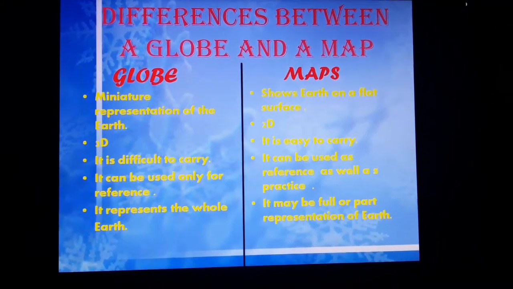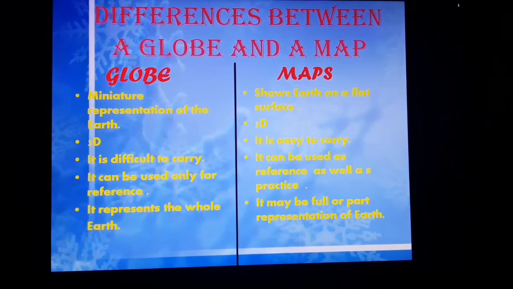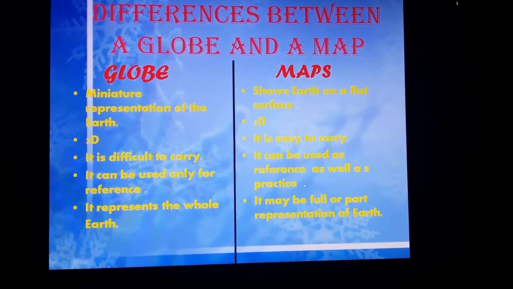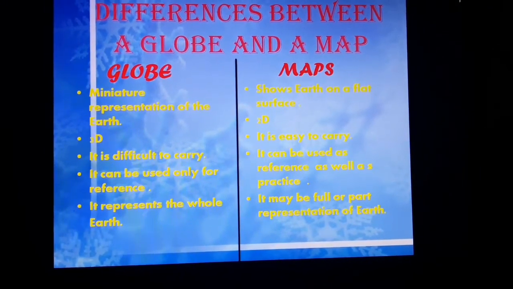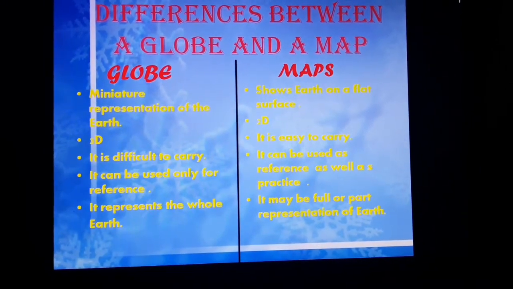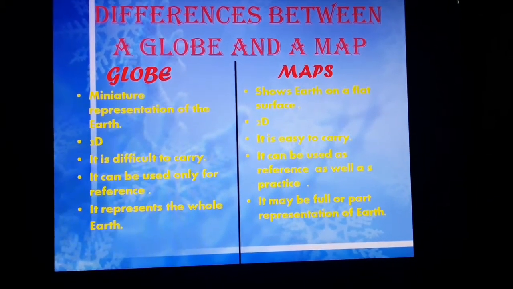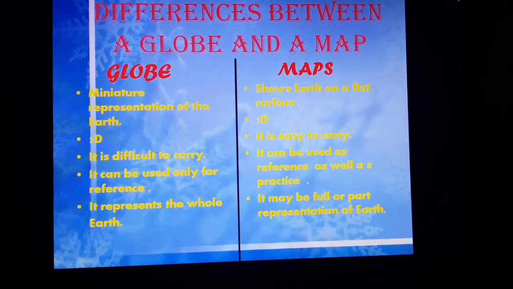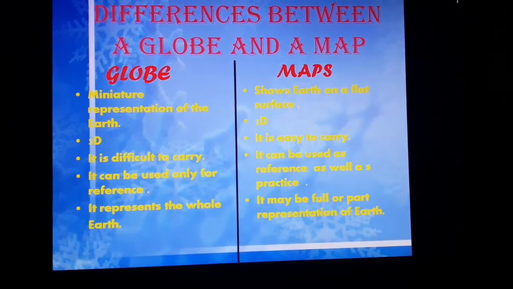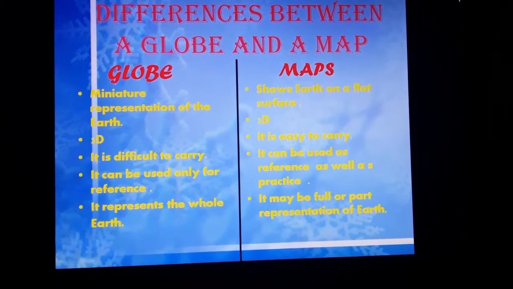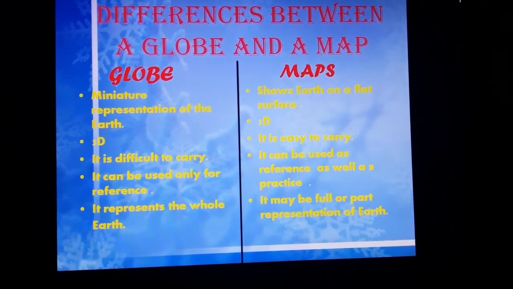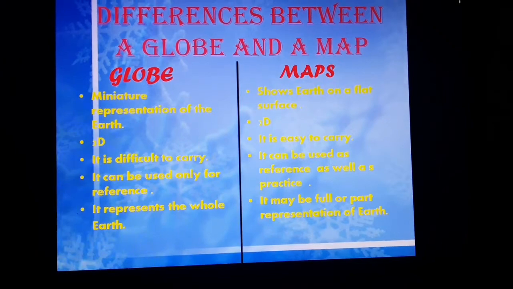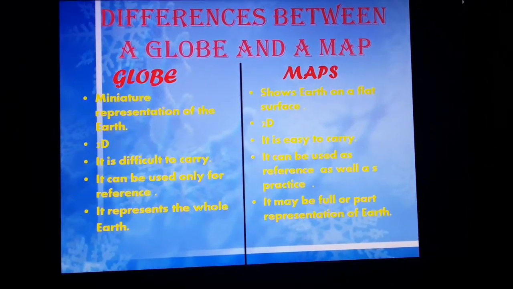It is difficult to carry a globe, whereas it is easy to carry a map. Globes can be used only for reference, whereas maps can be used as reference as well as for practice. Globes represent the whole earth, whereas maps may be a full or a part representation of the earth.